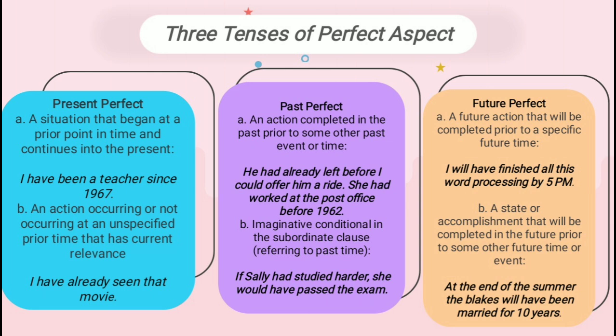For instance, I will have finished all this word processing by 5 p.m. A state or accomplishment that will be completed in the future prior to some other future time or event. For instance, at the end of the summer, the Blakes will have been married for 10 years.